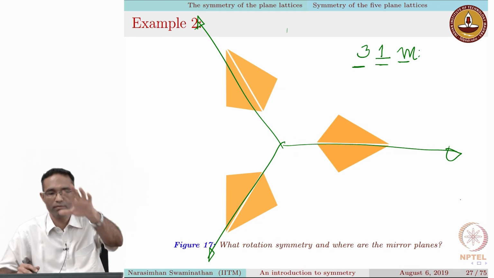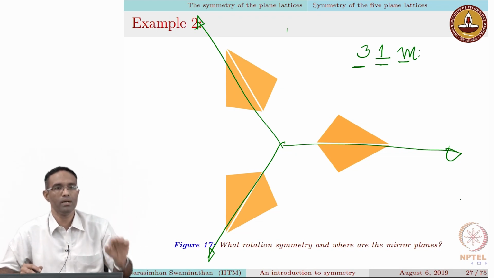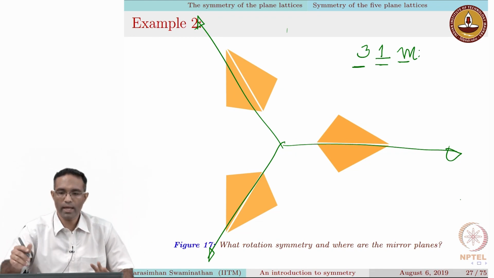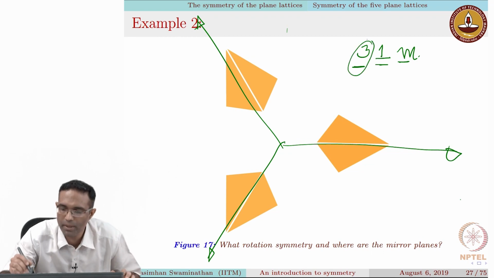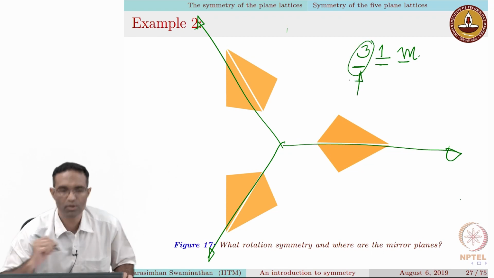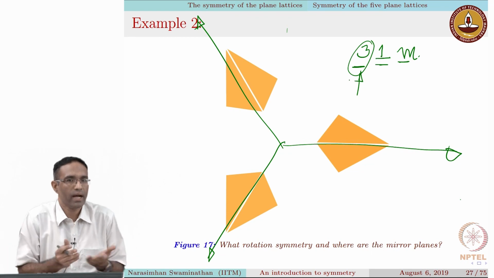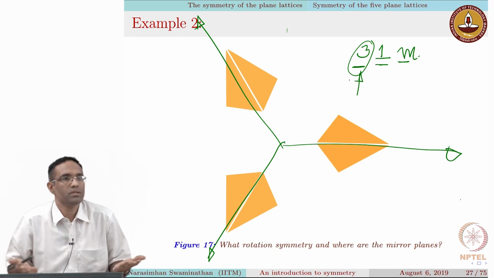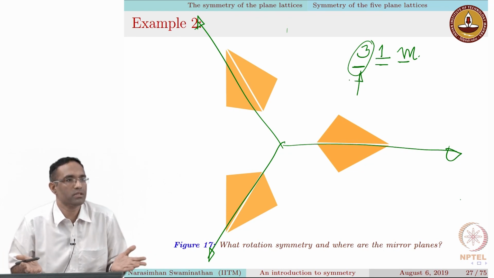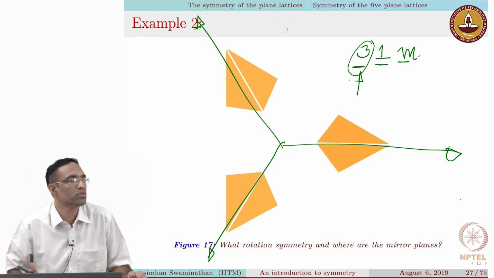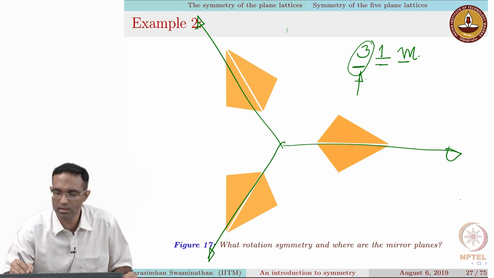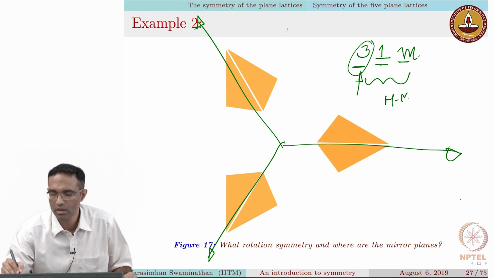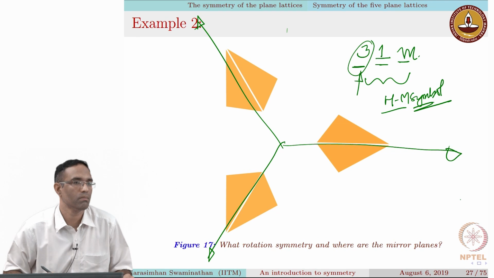The point group of this pattern is 3 1 m. So, you can actually systematically, based on the first rotation itself, identify what directions you have to look at for the mirrors, what unit cell you have to use and all that by just looking at this Hermann Mauguin symbol. Okay.